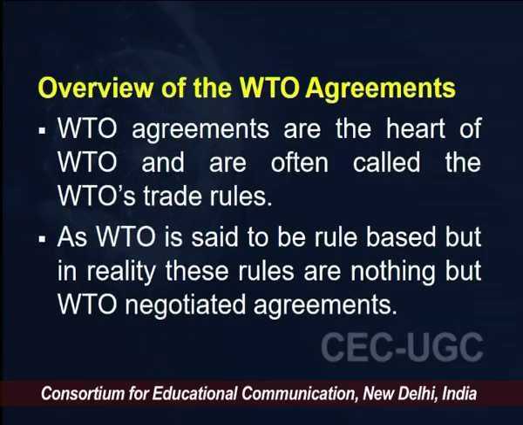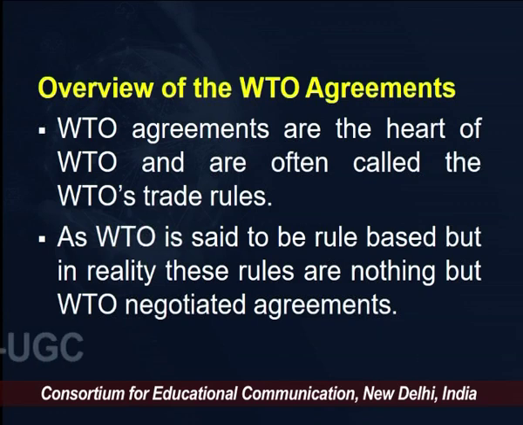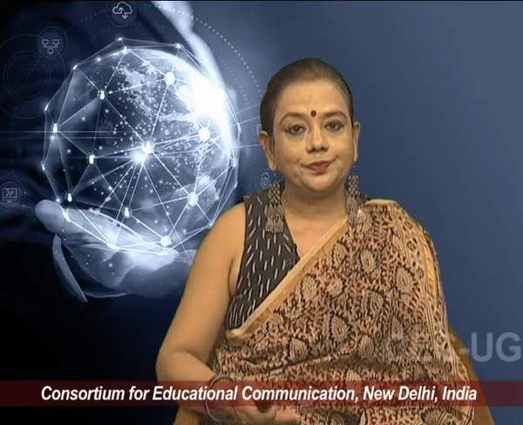WTO is said to be rule based, but in reality these rules are nothing but WTO negotiated agreements. So, I believe you have understood how it works. They work by framing agreements among the member nations, and these agreements then become the trade rules.